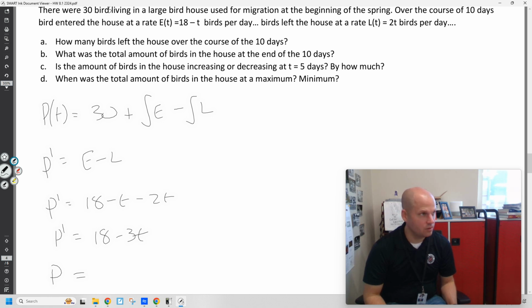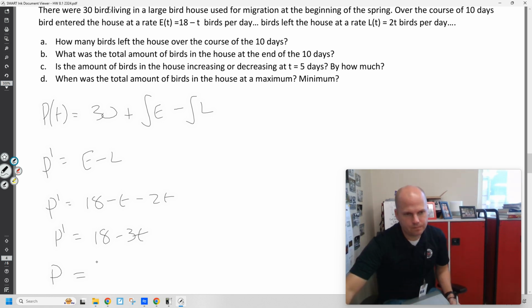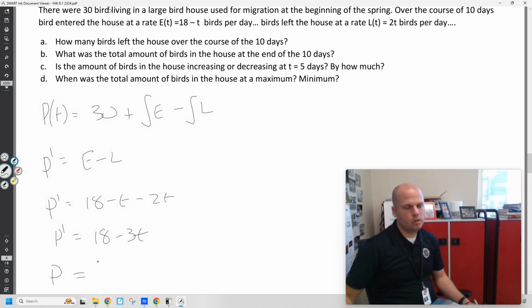It's about to blow up. 18T minus 3 halves T squared plus C. C is 30. Like this is P of 0. Man.